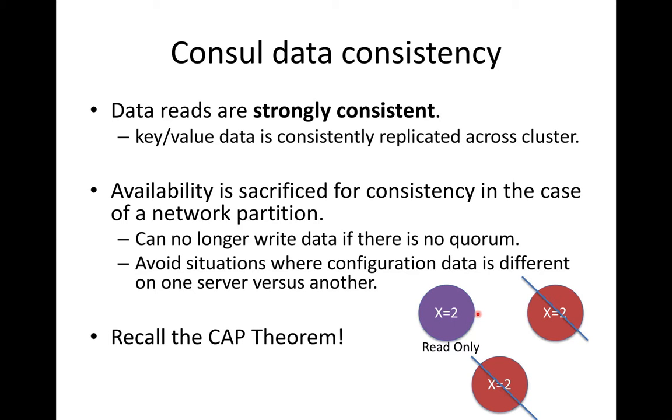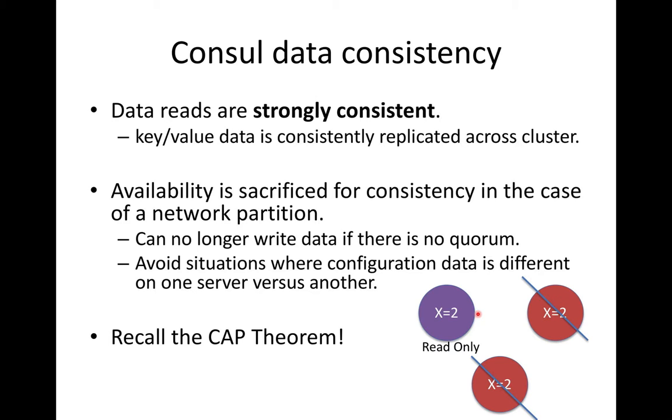It would no longer allow you to make updates to keys within the Consul cluster, because there is no quorum available in the cluster. So availability is sacrificed for consistency in this sort of situation.